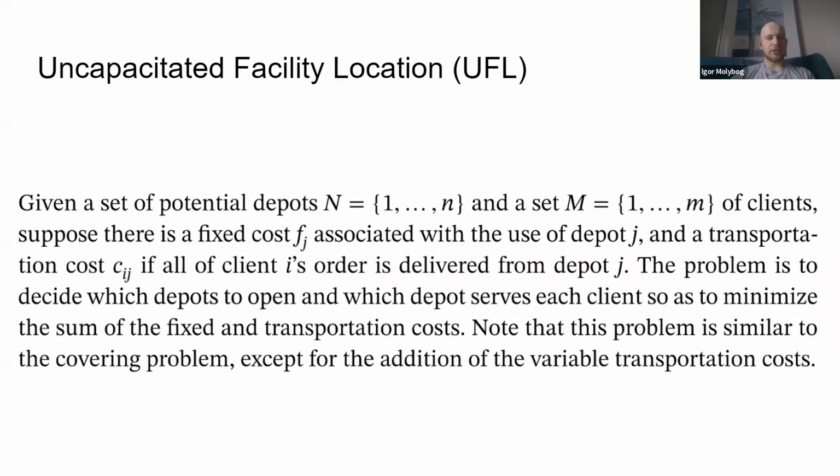Given a set of potential depots n and the set m of clients, suppose that there is a fixed cost fj associated with use of depot j, and the transportation cost cij if all of client i's orders are delivered from depot j.